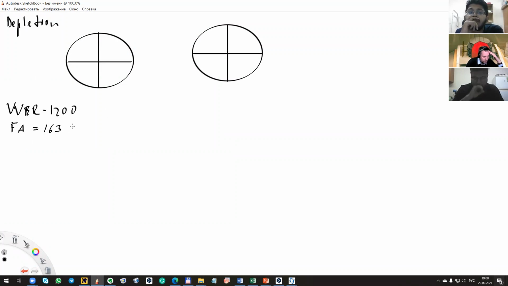Each fuel assembly consists of 312 fuel pins, 18 control rods fuel pins, and one central tube.